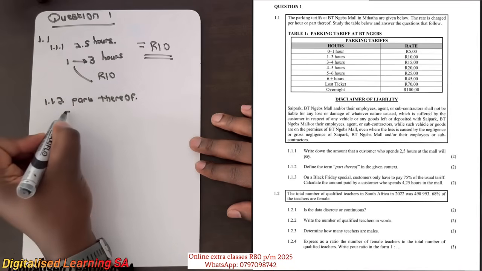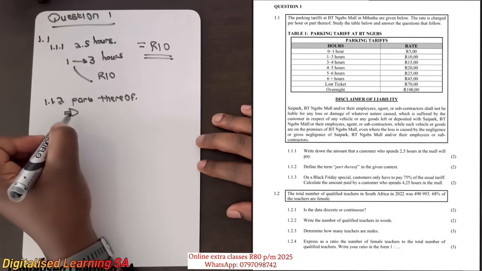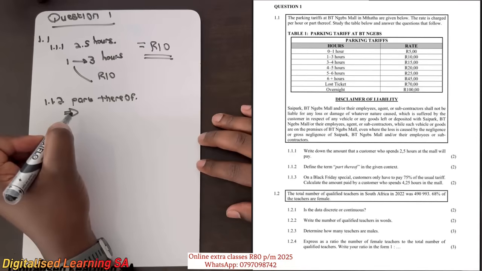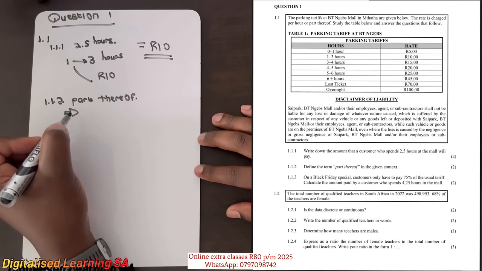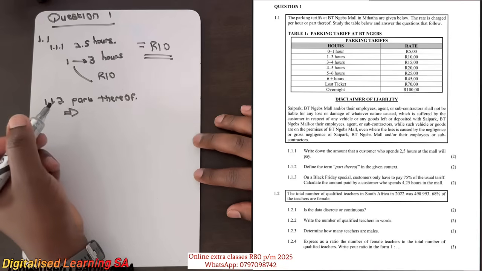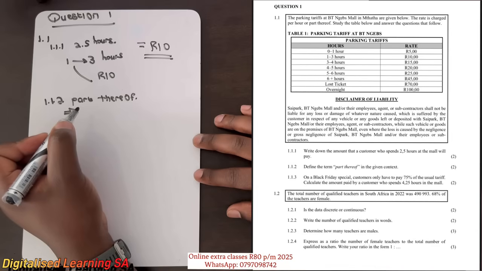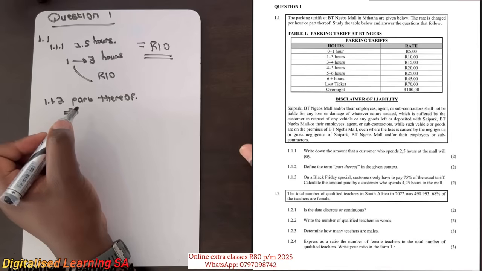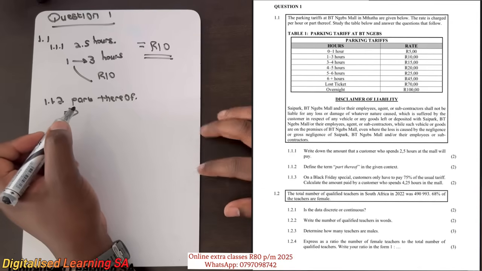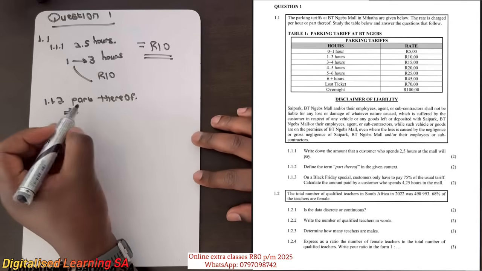Part thereof means that the rate will be paid per full 1 hour, even if you spend less than 1 hour. So the rate is charged per hour. If you spend 30 minutes, you will still pay it in full. It will still be counted or considered as the full hour.